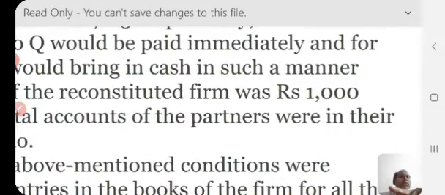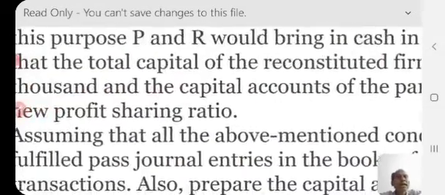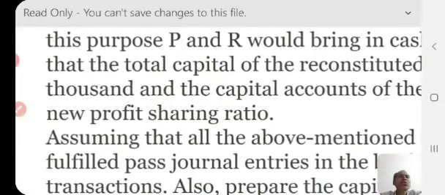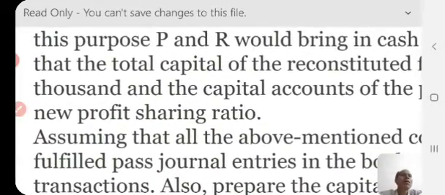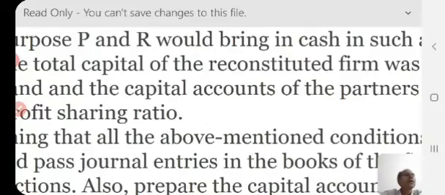That is one thing. The second point is that the total capital of the reconstituted firm was rupees 1,000 thousands.